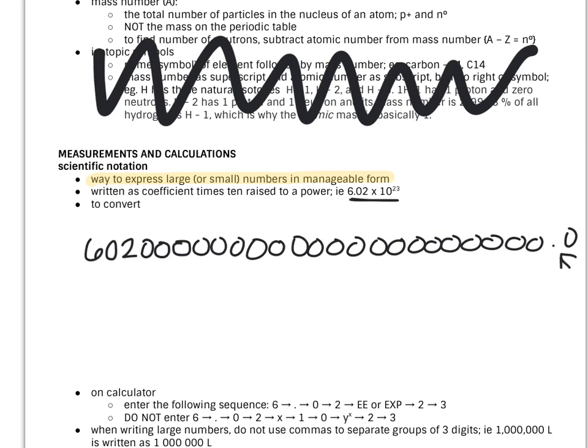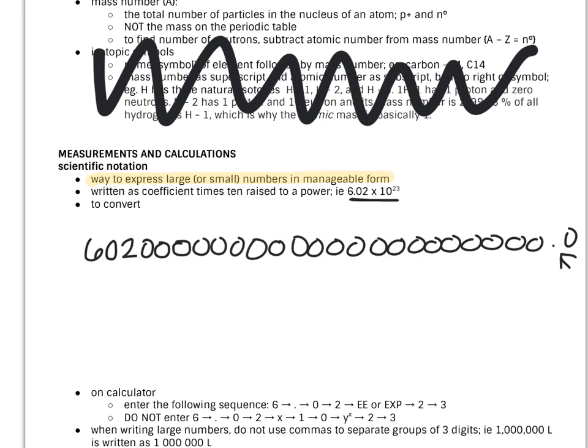But if you're like me and every other scientist in the world, you absolutely do not want to write this number every single time. So from this entire number, we can get this number. The easiest way, and honestly the way I still do it, is to just count the number of decimal places. So say I just gave you this entire number and told you to put it in scientific notation.